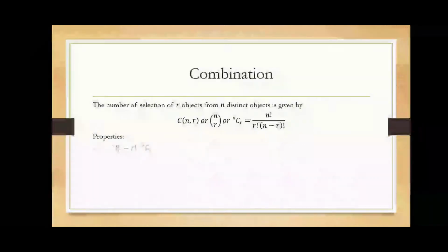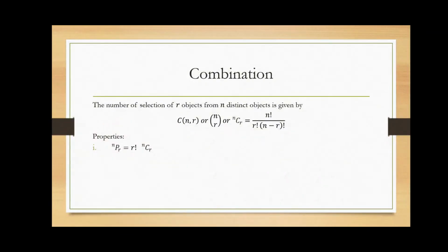The first one is nPr equals r factorial into nCr, which is very obvious. If you follow the definition, nPr is basically n factorial by n minus r factorial. For nCr, the formula is right on your screen. If you multiply r factorial to it, the r factorial in the numerator and denominator gets cancelled, and so you get nPr.